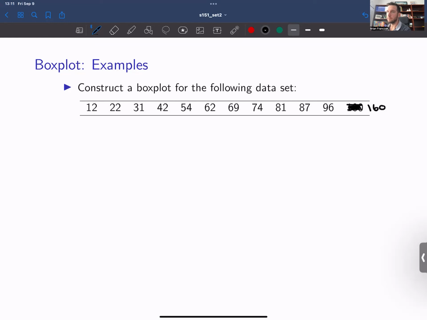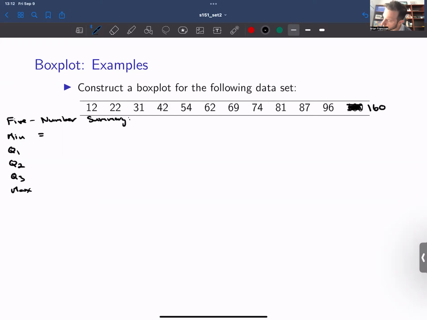A box plot is a visual representation of the 5-number summary. The 5-number summary is composed of the minimum value, the first quartile, the second quartile, which is the median, the third quartile, and the max.